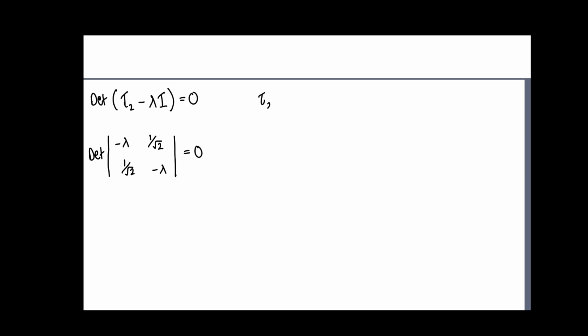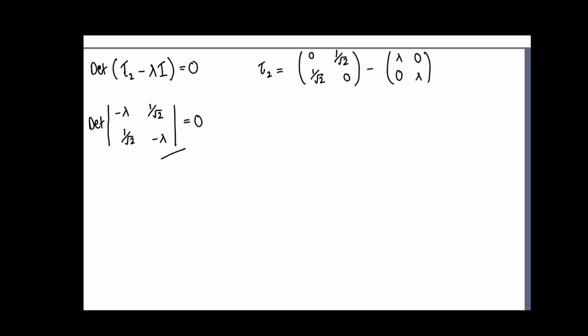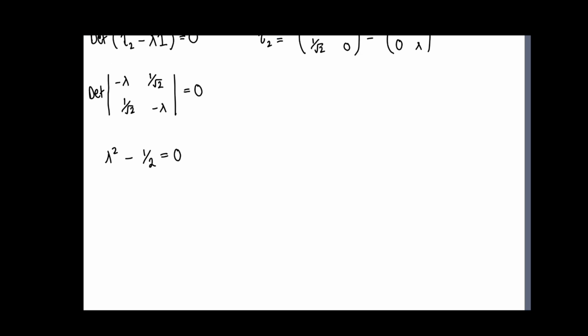That is because tau2 is equal to 0, 1 over root 2, 1 over root 2, 0. So when we subtract lambda, 0, 0, lambda, we get this matrix. To find the determinant, we do this times this, which will be lambda squared minus a half is equal to 0. So lambda squared is equal to a half. So lambda, once again, is equal to plus or minus 1 over root 2.